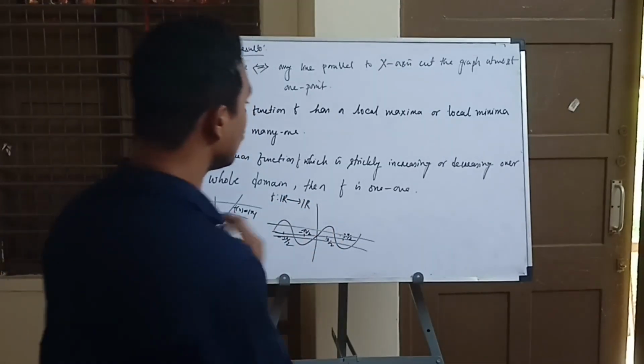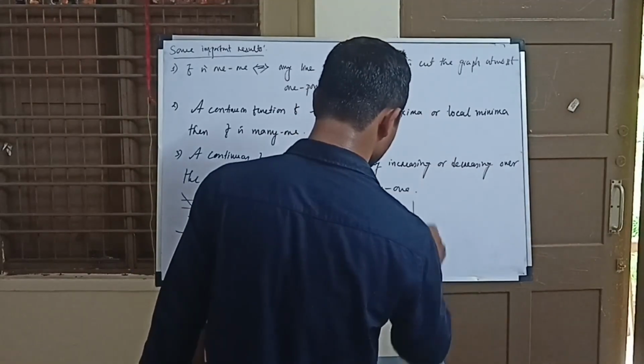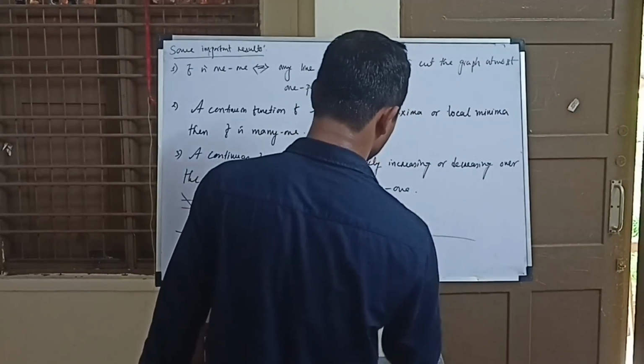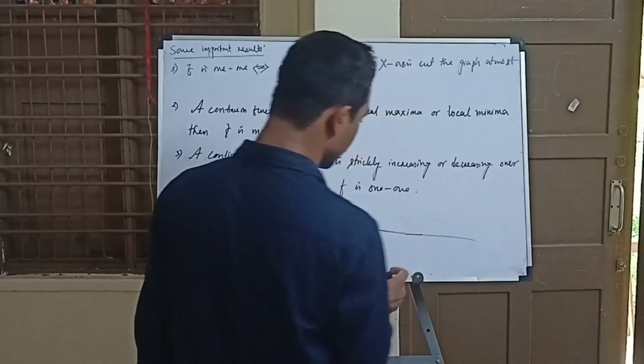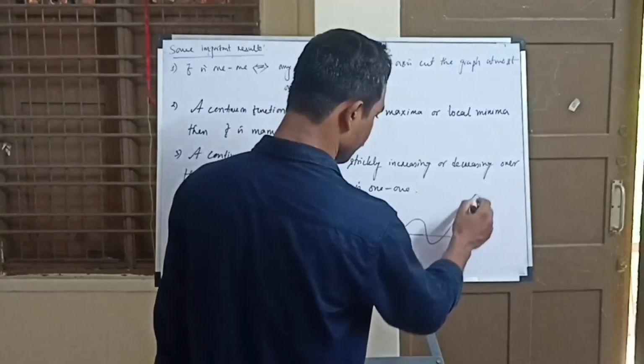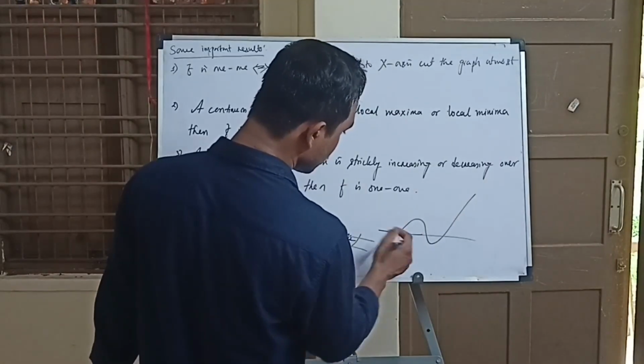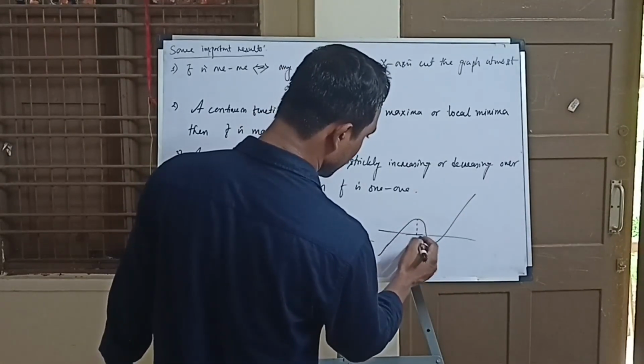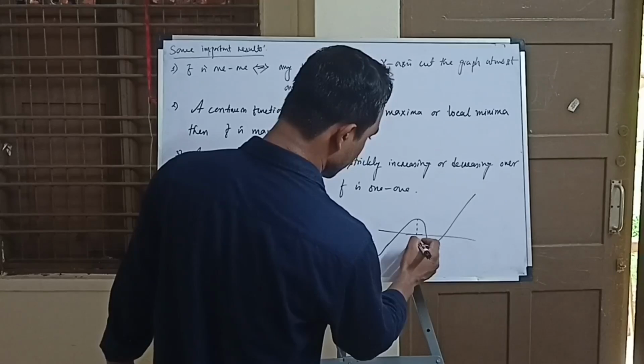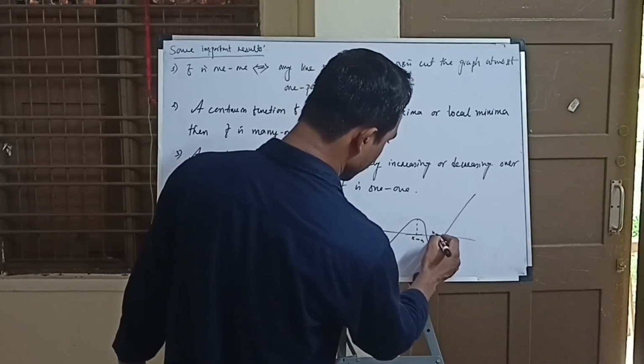Here suppose there is a cubic function like this. This cubic function attains its maxima, suppose at x equal to a, and minima, suppose at x equal to b.